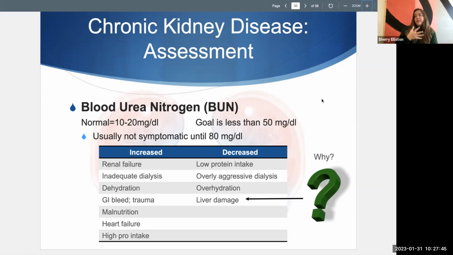So again, in renal failure, so in kidney disease, creatinine and BUN will be elevated. You might see BUN be low with low protein intake, if dialysis was overly aggressive and pulled off too much, if the patient's overhydrated, or in liver damage. Thinking about why that might occur in liver damage.